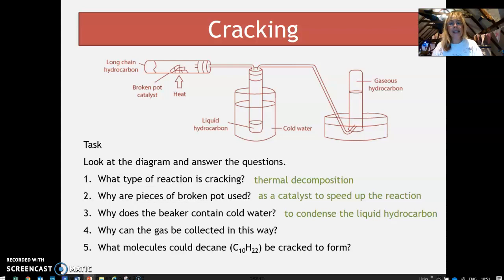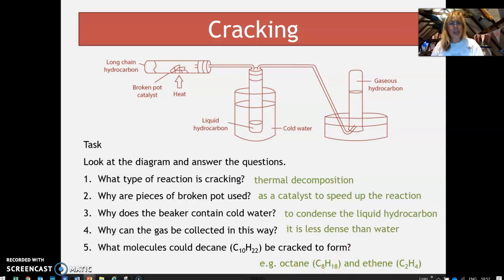And why can the gas be collected in this way? Because it's less dense than water. So this would be your longer chain molecule, this would be your shorter chain molecule. What molecules could decane be cracked to form? So octane and ethene, but equally if you had put hexane and butene, that would have been absolutely fine.